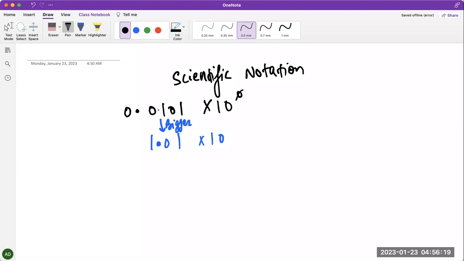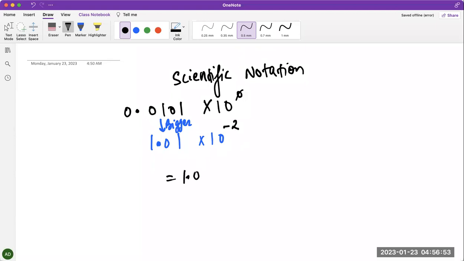So when you're making this number bigger, then the exponent should be made smaller so that you even them out, so that you're canceling what you're doing, so that your value stays the same. Since you're making this number bigger by 2 decimal places, you have to make the exponent smaller by 2. So 0 should become -2, and that will be the answer.